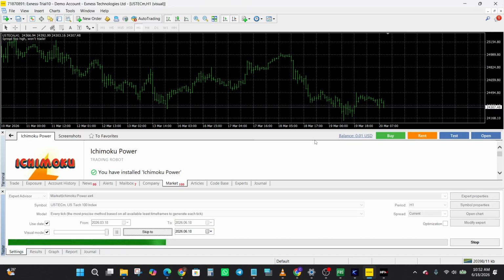So if you are interested in Ichimoku based automated trading, then this might be one expert advisor worth testing further in both the strategy tester and a demo environment before considering live use. So if you're interested in the EA, you might want to test it over maybe a year, 2 years, or even 3 years or more so that you can capture a wider range of market conditions before deciding if the EA fits your expectations.